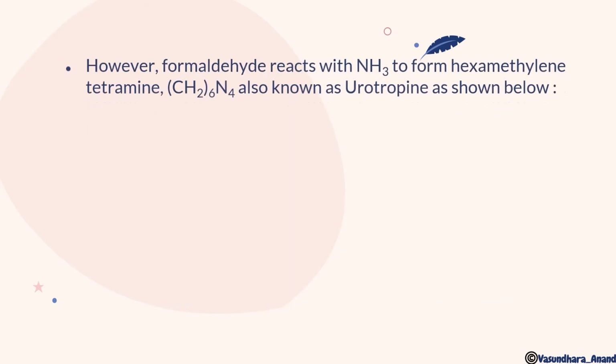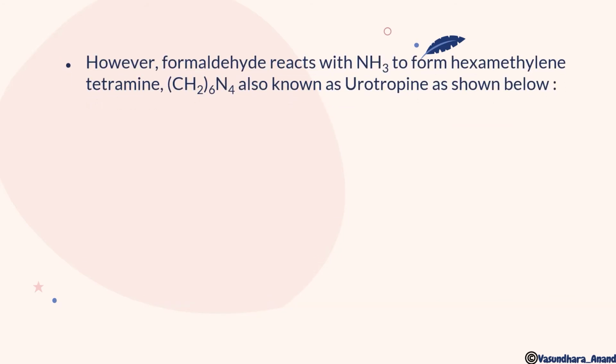So now the next is, however, formaldehyde reacts with ammonia to form hexamethylenetetramine, and that is also called urotropin. This can be asked in the uses of formaldehyde in your board exam, and in competitive exams they can ask what happens when formaldehyde reacts with ammonia, or urotropin is a product formed by the reaction of dash dash. So in this way it can be asked.